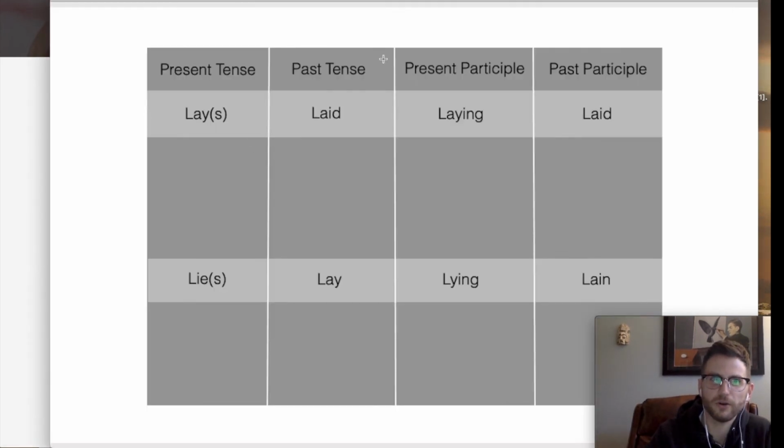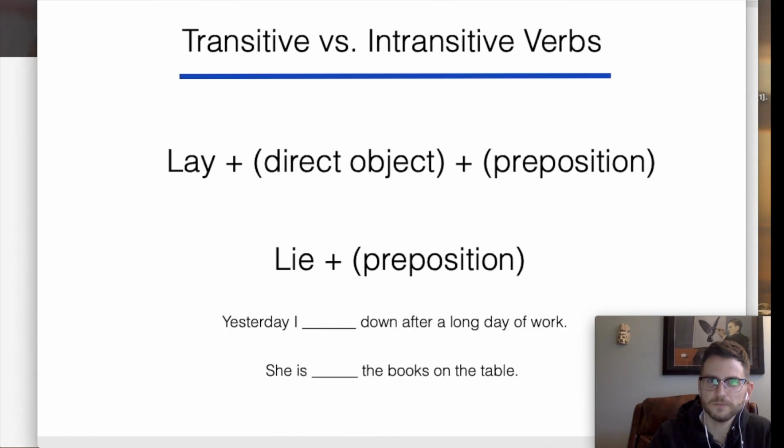Let's go back here. So which is the verb that has the verb plus the preposition? It's not to lay. Okay, to lay, remember, attaches directly to its object.